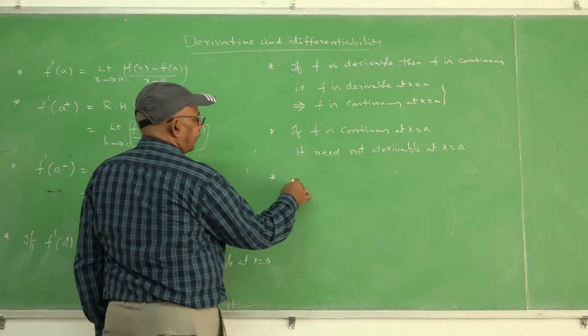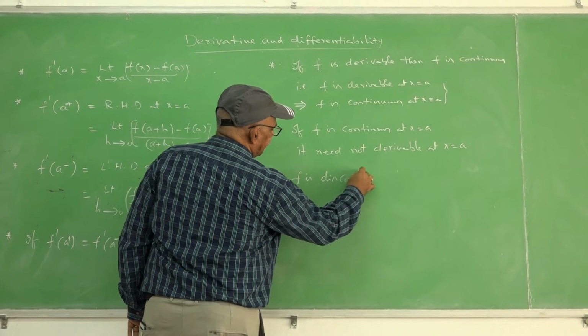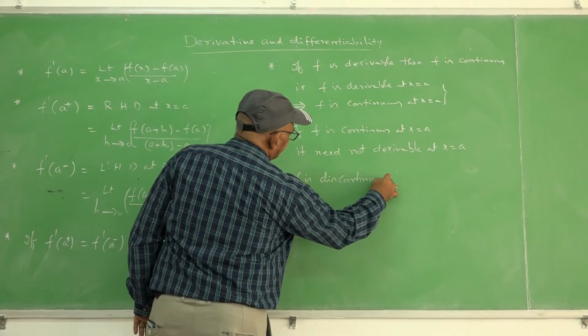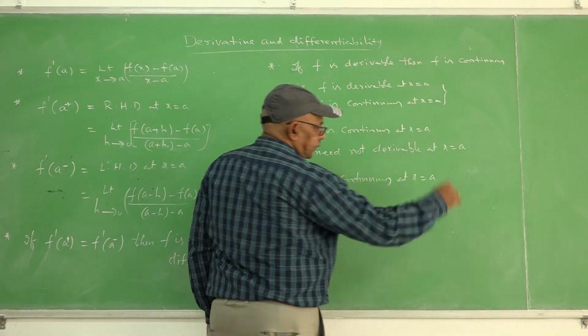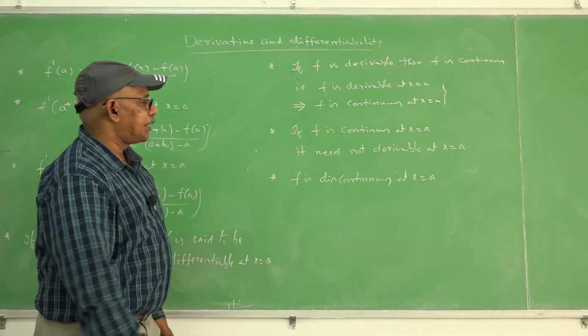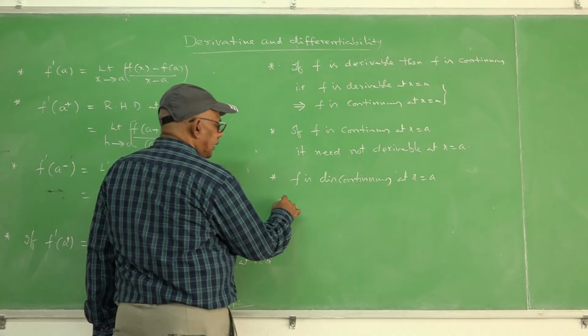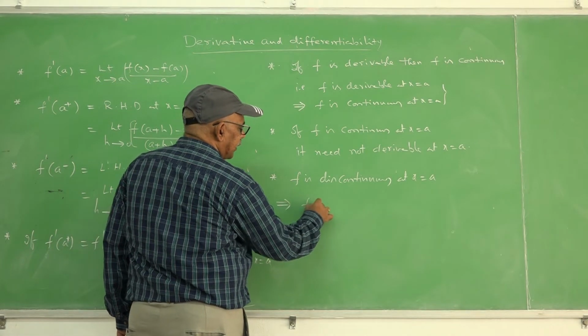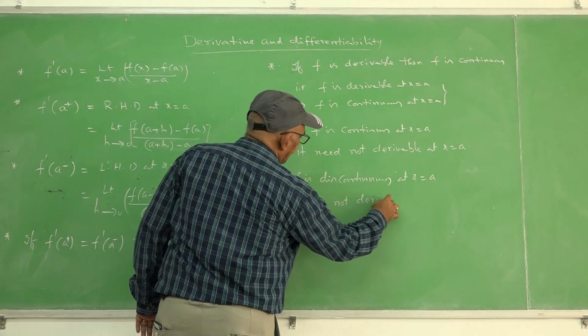Next point, f is discontinuous at a certain point, discontinuous at x equal to a. Suppose the given function is discontinuous at x equal to a, then that certainly implies f is not derivable at a.